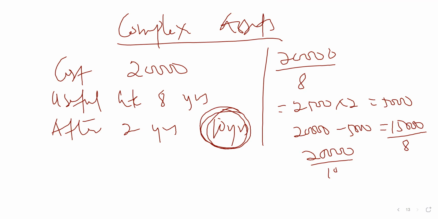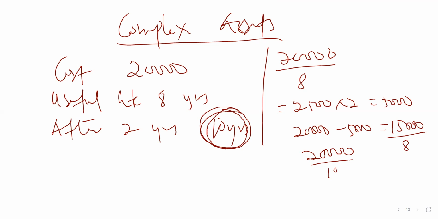Okay, I want to ask a question. We all agreed that any cost that you are going to incur on an asset before it is ready for its intended use, that particular cost should be added to the initial cost of the asset. That's what we said, isn't it?